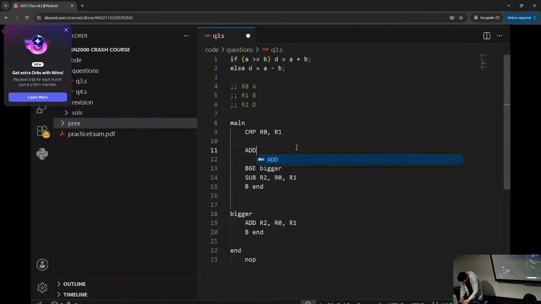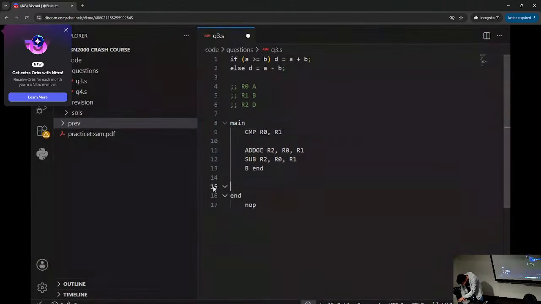So you can do something like add GE, R2, R0, R1. And then we can get rid of this. All right, cool. So now we've completely got rid of the branch. Now we've got optimal code.